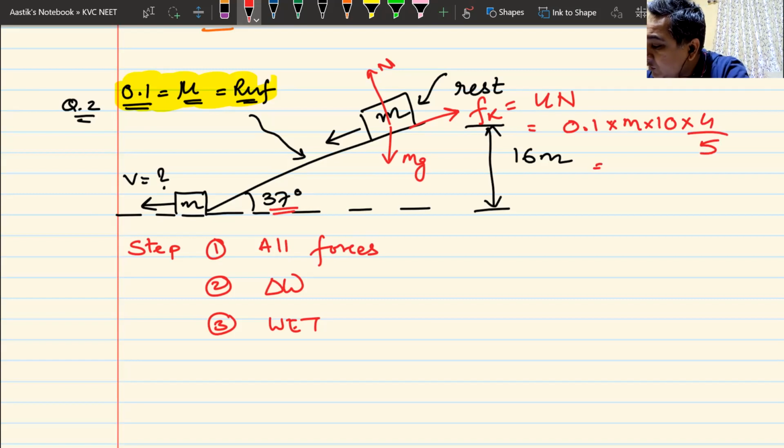So if I just cut it, it will be equal to 0.8 m. That would be the value of your frictional force.